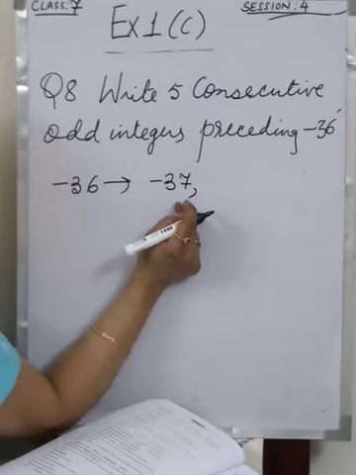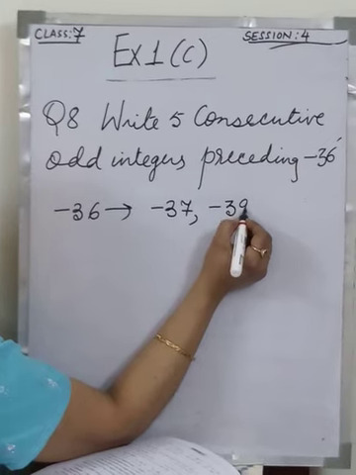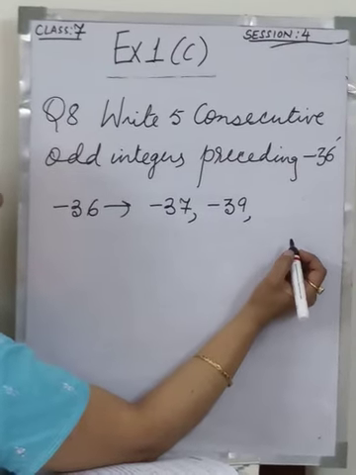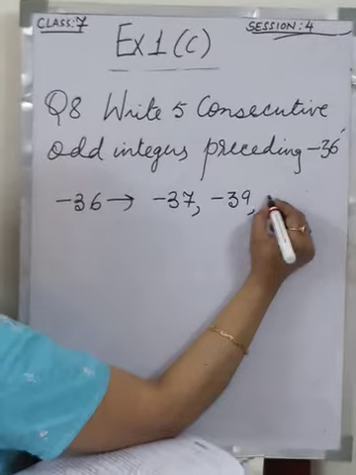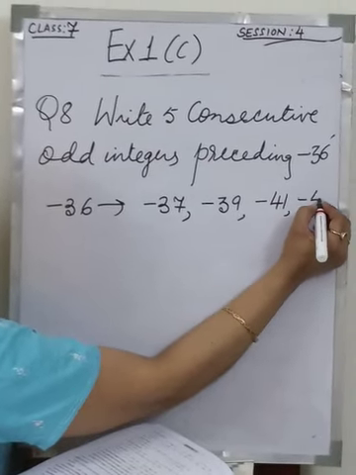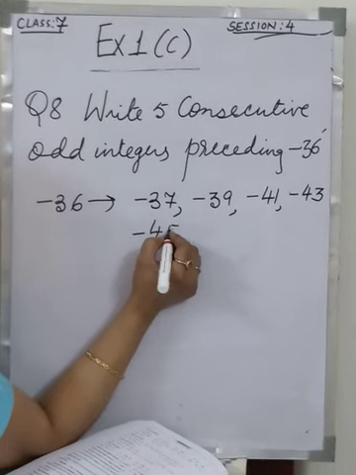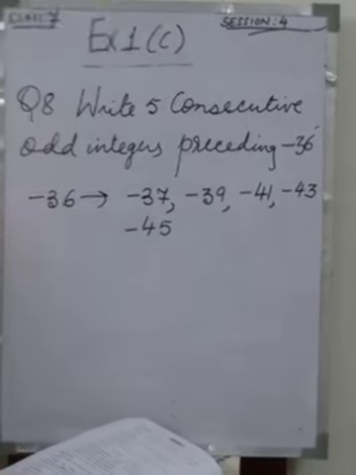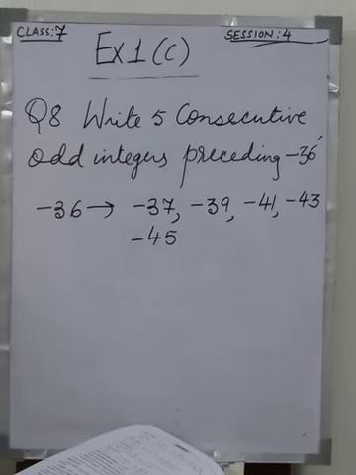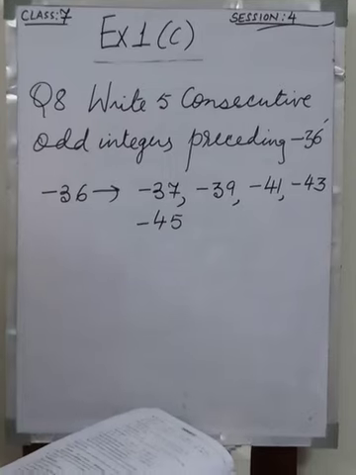Before minus 38 we have minus 39, that is odd. Then before that we had minus 40, even. Minus 41, minus 43 and minus 45. So I have written 5 consecutive odd integers preceding minus 36. Got it children?